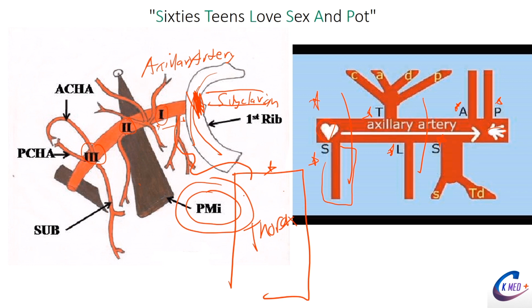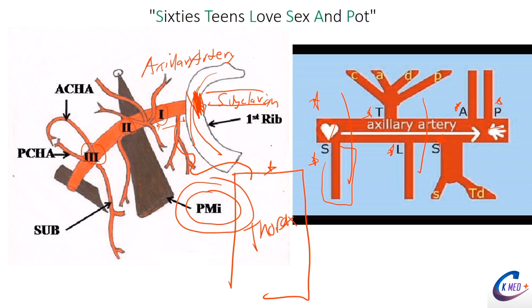It's called superior thoracic. Great, done, the end, nice. That is section 1. That's all you need to remember. And so that is 60s. 60s is superior thoracic. It is the first artery. It's also on the highest point of your axillary artery. It's on top of the thorax, so it supplies the superior aspect. That's why we call it superior thoracic.